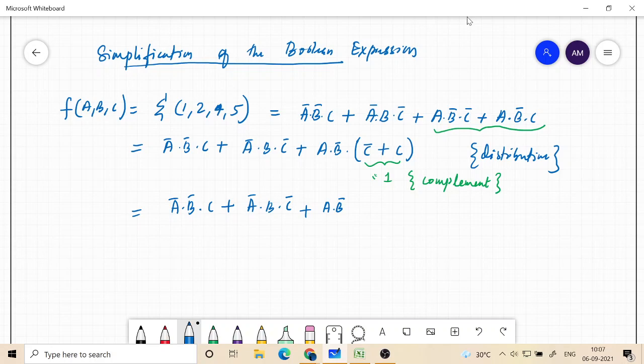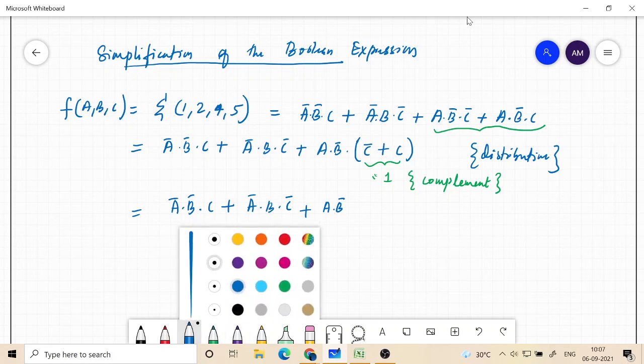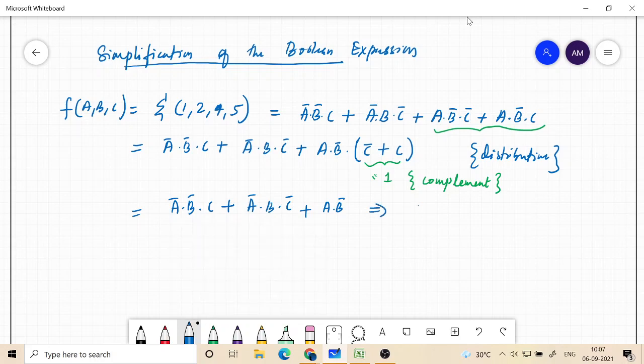So that is an advantage if you try to implement with this expression rather than the initial expression. Another thing is the number of inputs to the OR gate is also only 3. Earlier it was 4, but now it is 3, and the number of inputs to one of the AND gates is also 2, not 3. So this expression is called standard.